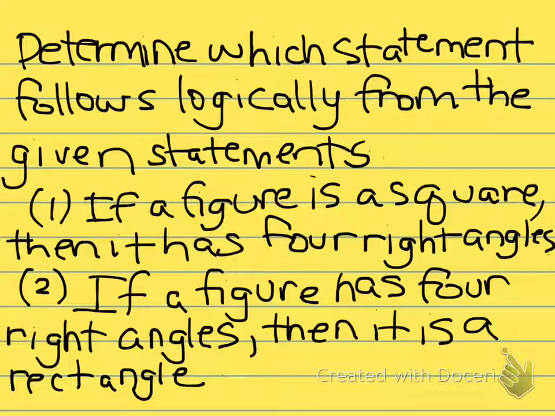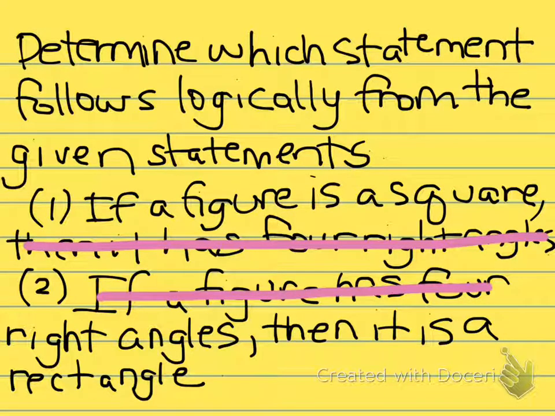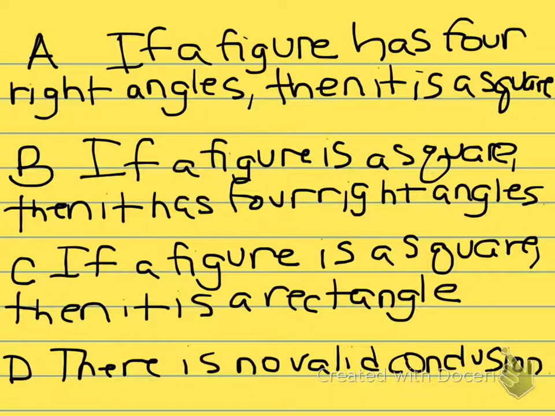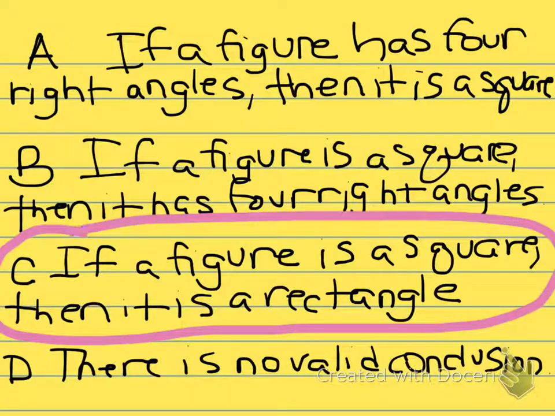What that says is we take out what I call the middle, and we take our first if and our last then. So we have if a figure is a square, then it is a rectangle. And we can see from our 4 choices here, A, B, C, or D, C is going to have that as the answer. So that would be our answer.